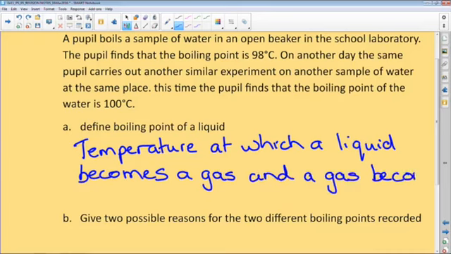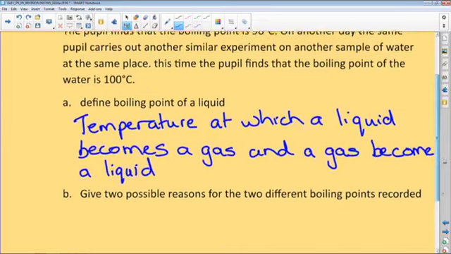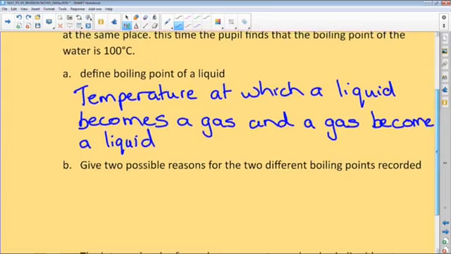So it can be both: where it becomes a gas, or where it goes from a gas to a liquid. That's our boiling point. Remember that boiling points are different for different substances.